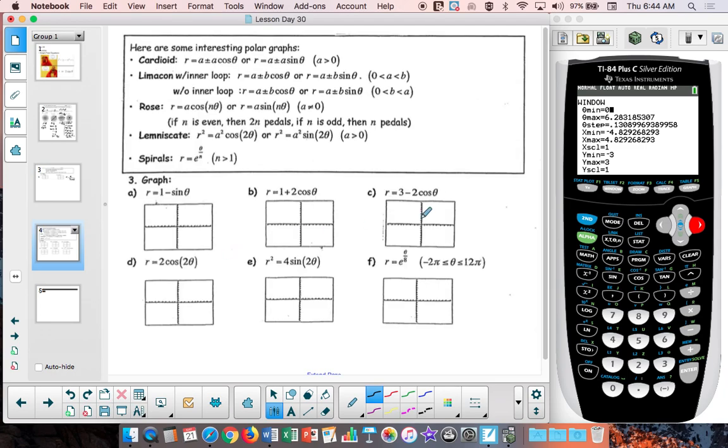You ready? 5 new words, at least in math sense. So these are the different forms, or the main forms of polar graphs that we like to talk about in math, just because one, they have cool shapes, and two, they come up more frequently.